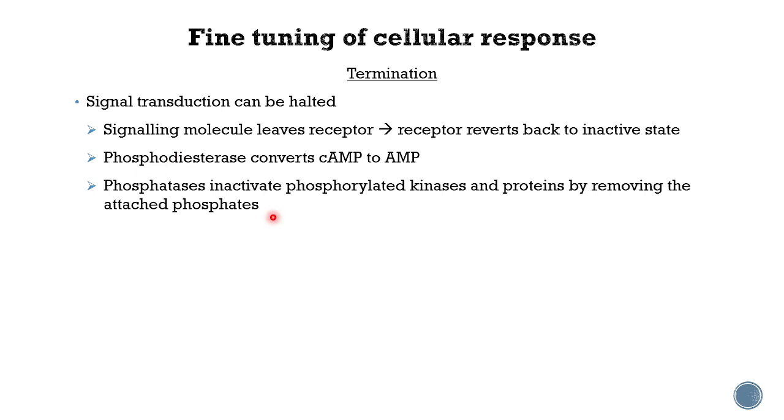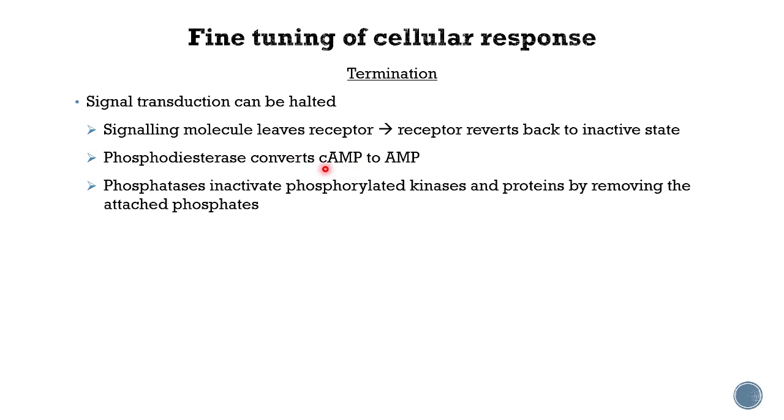Then inside the cell, whatever has been activated can be deactivated. We mentioned second messengers. One example is cAMP. The cAMP is synthesized in response to the binding of the ligand to the receptor. So the cAMP also doesn't stay in the cytoplasm forever.